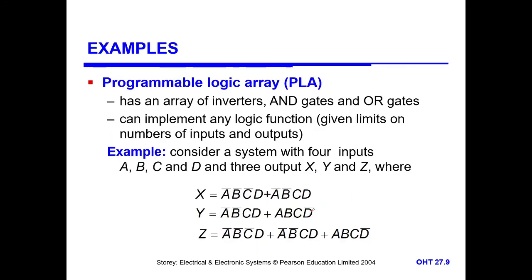So now I am going with the next one, PLA, programmable logic array. It has an array of inverters such as NOT gates, AND gates and OR gates, and can implement any logic function given limits on the number of inputs and outputs. So PLA is used to implement any Boolean function, but it will offer only limited inputs and outputs.